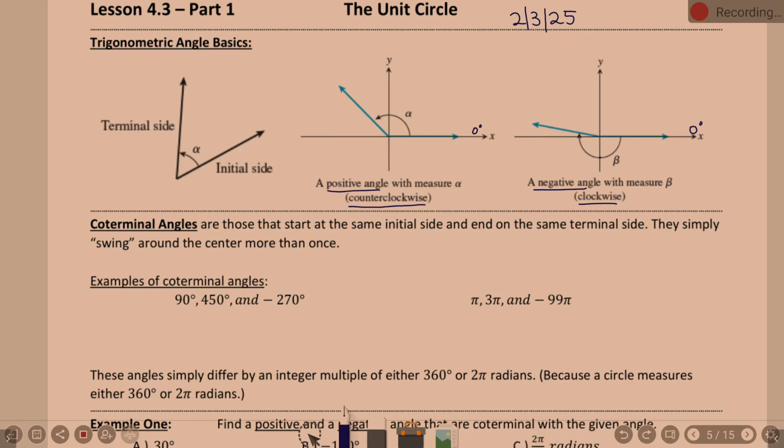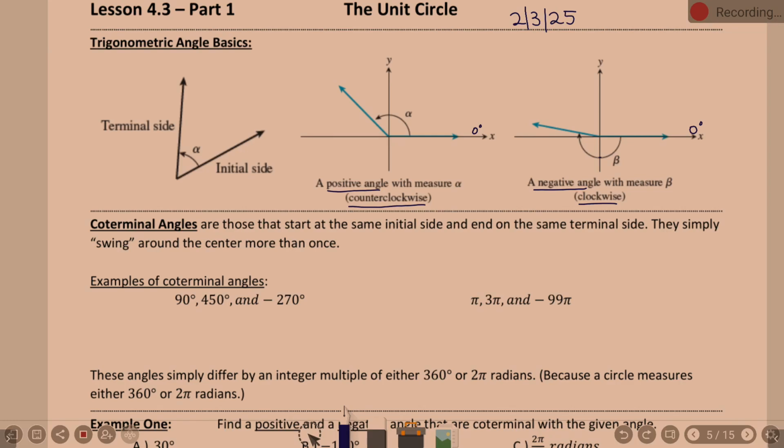Coterminal angles are those that start at the same initial side and they end at the same terminal side. They simply swing around the center more than once. Maybe they go the other direction around the center. Maybe they go 2 times around the center.